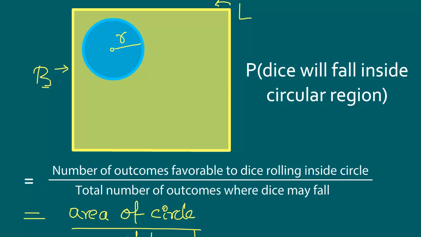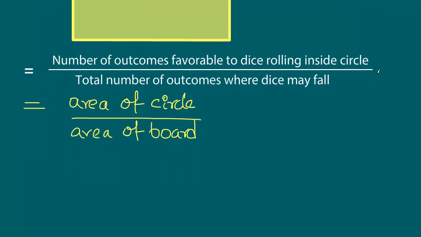Before we wrap this up, one other quick point. If the question were to ask us to find the probability that the dice does not fall inside the circular region, how will we solve that? Remember, we have discussed this before.